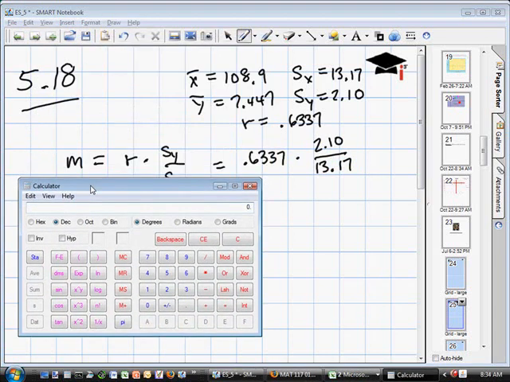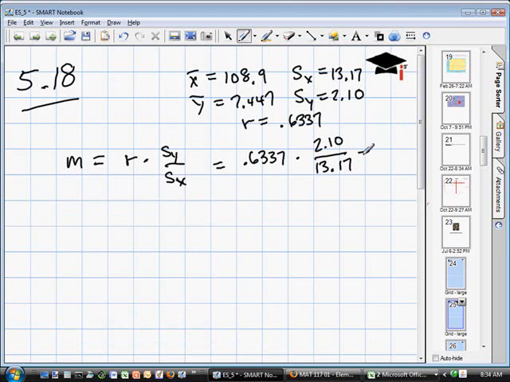So we have 0.6337 multiplied by 2.10 divided by 13.17. And we'll get a long enough decimal. 0.101. So there's our slope. Now that's going to have to do for accurate enough.